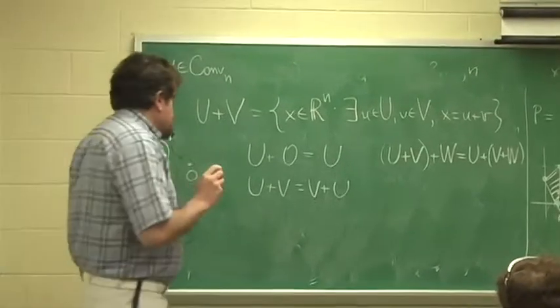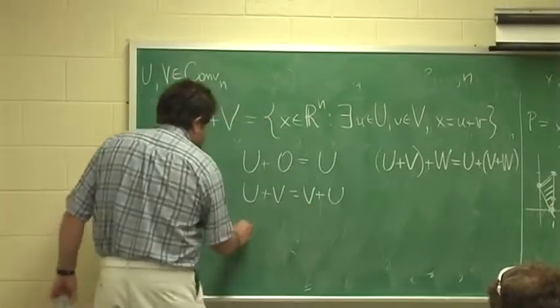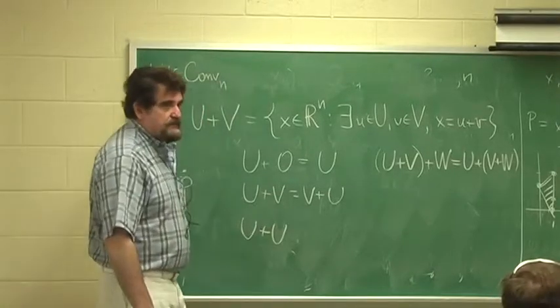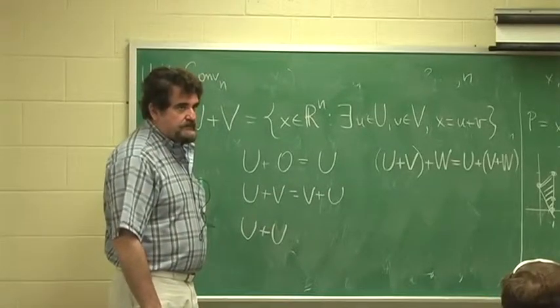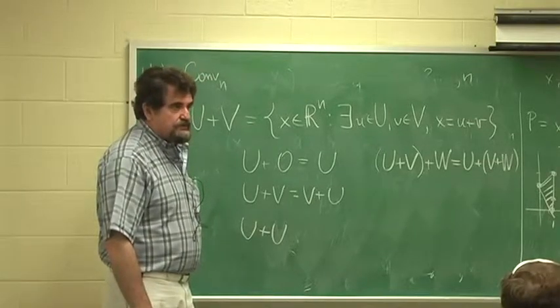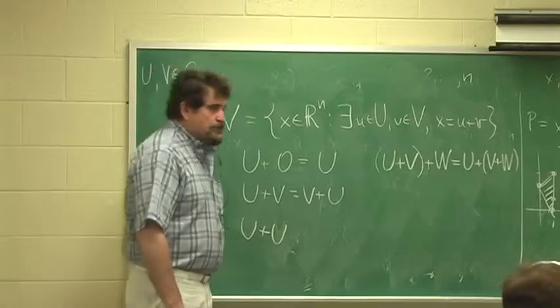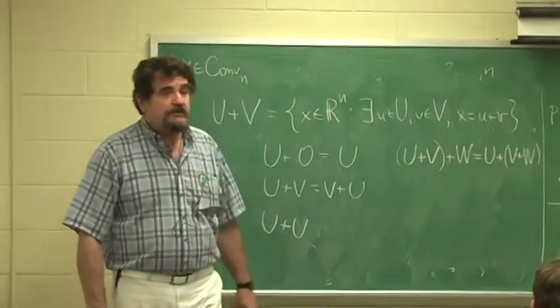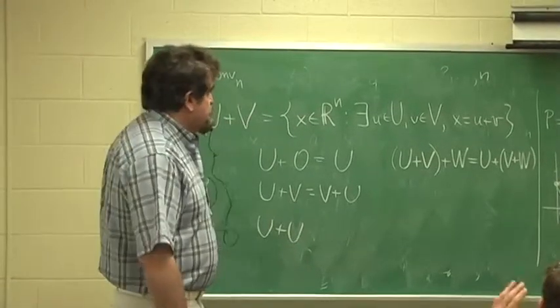So, one thing more. What is U plus U? Does it necessarily contain 0? Not necessarily. I think 0, and this, 0, not necessarily. And this is ordinary vector addition.